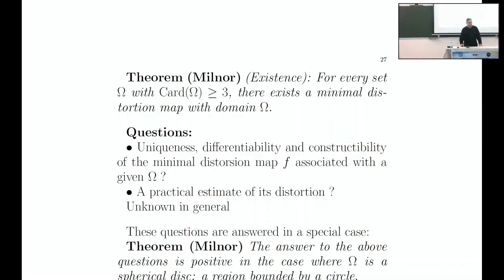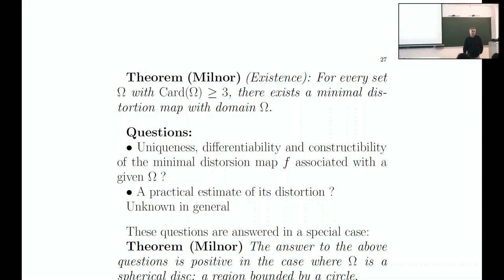Yeah, that's right. But I'm asking why not minimum? I mean, why do you use the word minimal? Is there any particular reason for that? I mean, it's in R, they're all real numbers. Yes. Is it obvious to you that a map of minimal distortion exists?